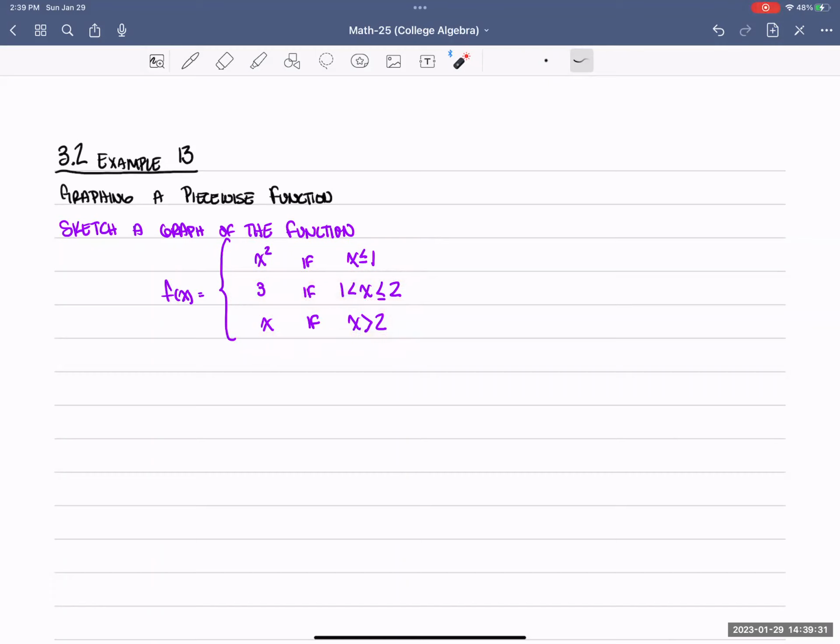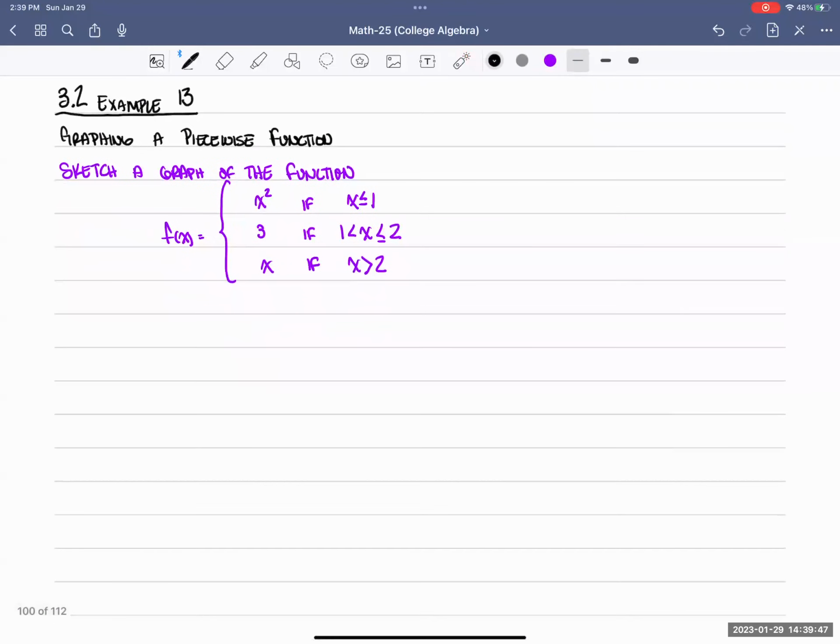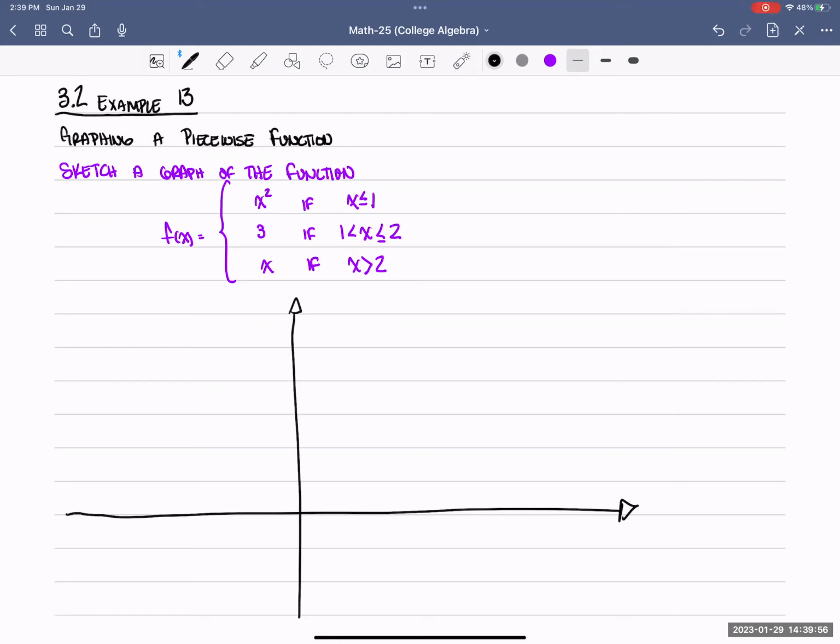So let's start off with our graph. I notice that we have two different breaks, a break at x equals 1, and we also have a break at 2. So let's start by graphing what our x values are. I'll try to draw this big enough.